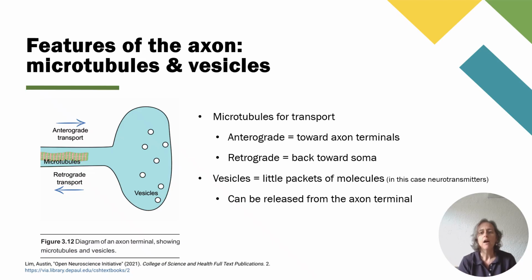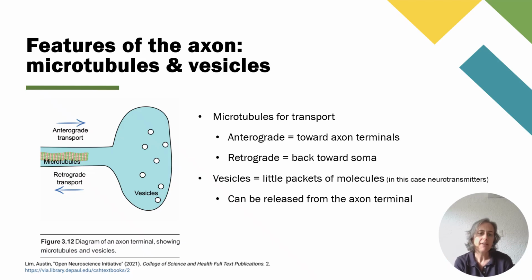If we're moving from the cell body down to the axon terminal, that's called anterograde, because usually that's the direction things move, from the soma down to the axon terminals. But if we're going backwards, that's called retrograde, back toward the soma.